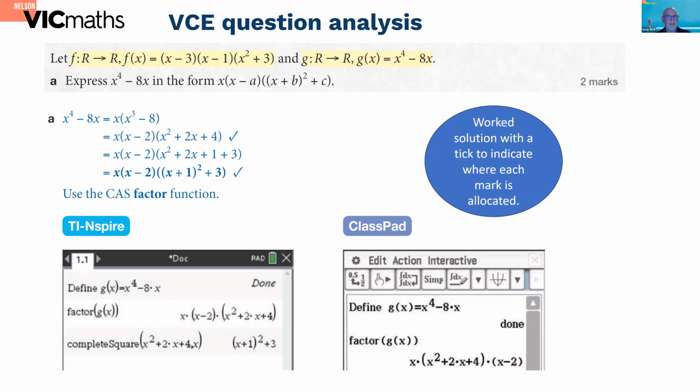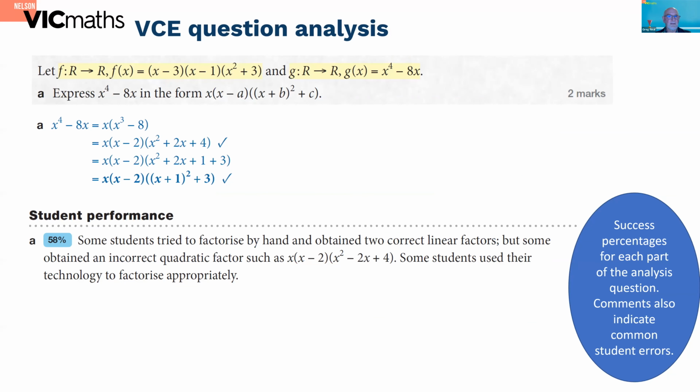And to do that, you need to complete the square on the last term. Now what the examiners found, so that was fairly well done, like 58%, but quite a few students didn't do that very last part, the completing the square. Some tried to do the whole thing by hand, which isn't necessary when they're doing questions like this in Exam 2.